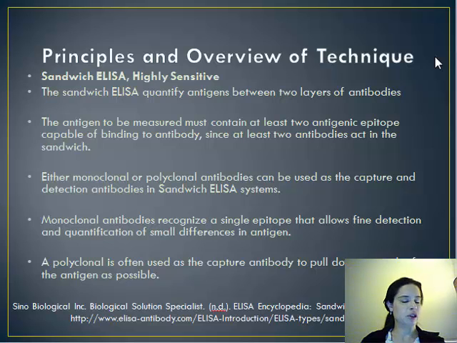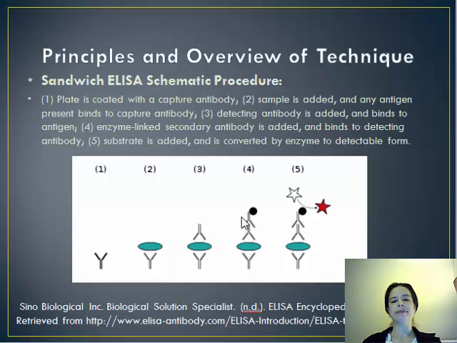When you use this technique, you can use either monoclonal or polyclonal antibodies for your capture and detection, so you have that choice there. But it is very highly sensitive, and it's actually 2 to 3 times more sensitive than your direct or your indirect ELISA, because of having your sandwich layer of antibodies and that amount of specificity.